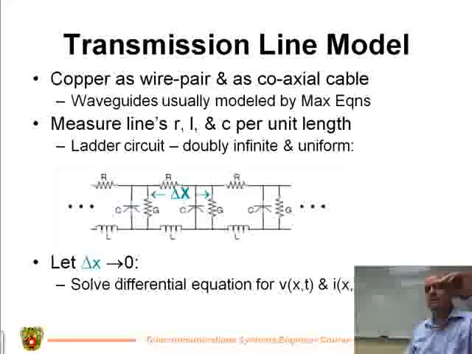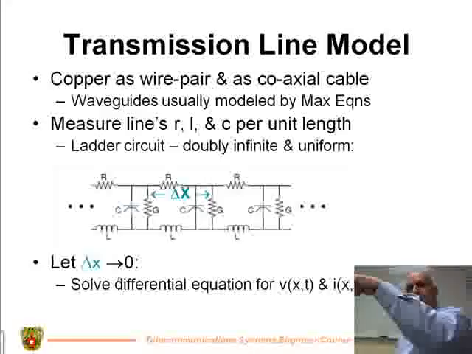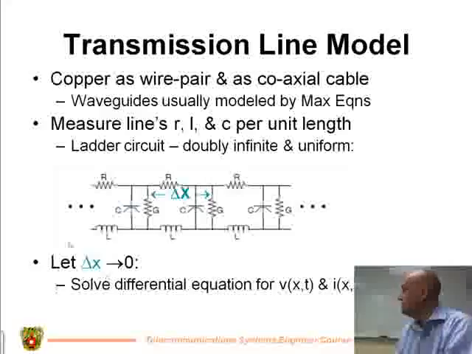G is the conductance of the insulator. C is the capacitance between the two wires, like in your twisted pair. And L is the inductance, especially when you have a twisted pair. That's just a big, long, stretched out inductor, isn't it? Because it kind of coils around. So all of these things are just natural, inherent in the wire.